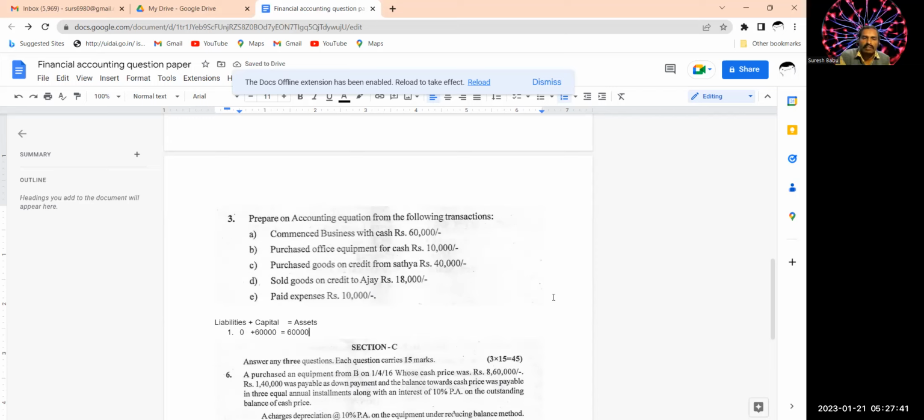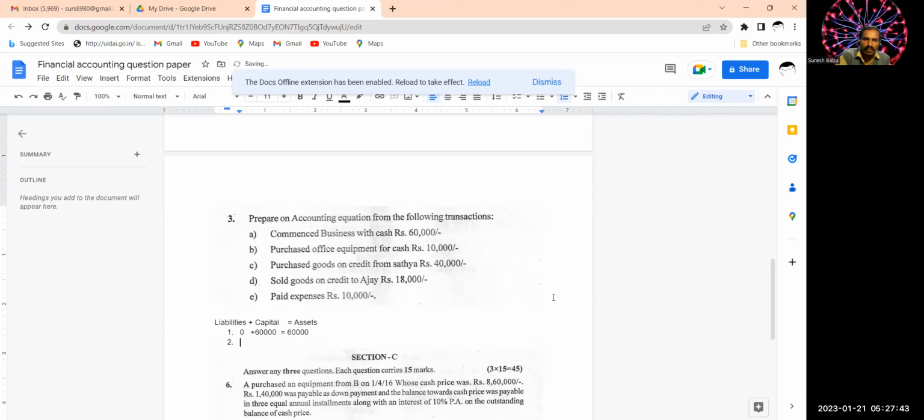So after first transaction, the total on both the sides is 60,000 and 60,000. You write it neatly. So on liability side capital 60,000, on asset side cash 60,000.